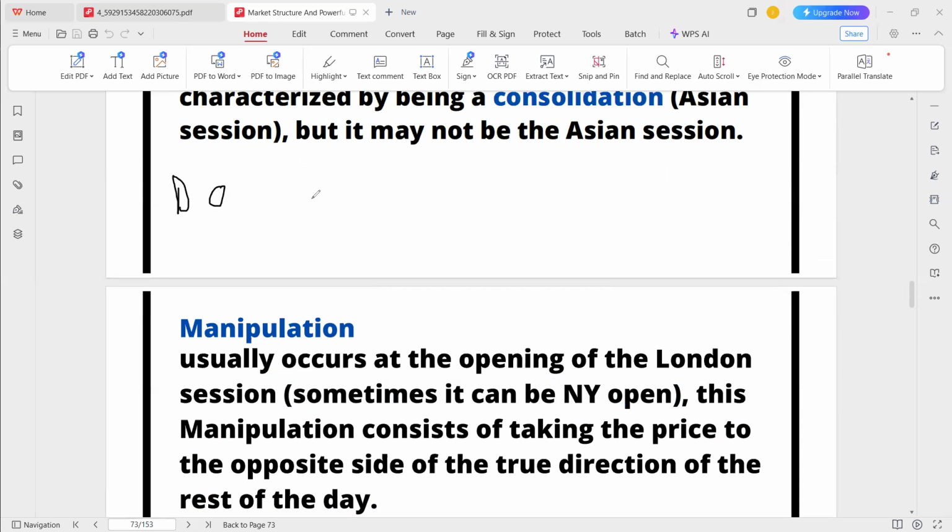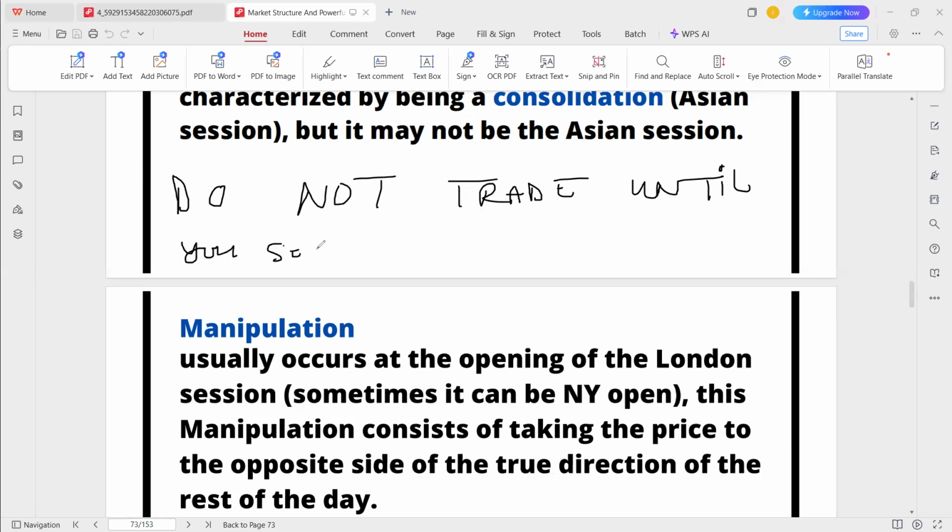Do not trade until you see either a stop hunt or a liquidity sweep. One of these two.